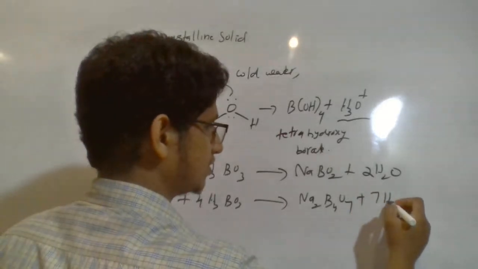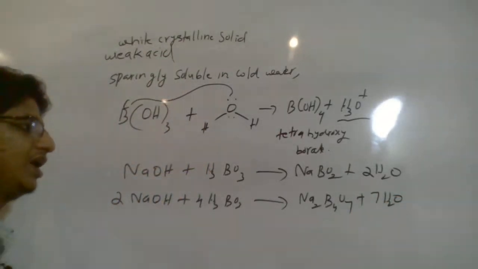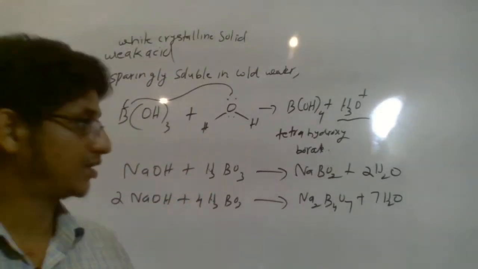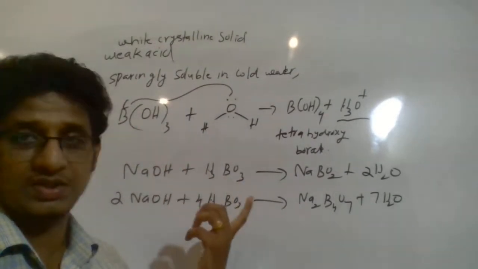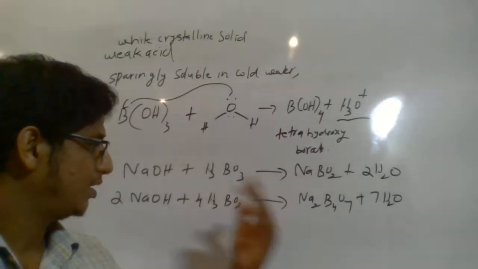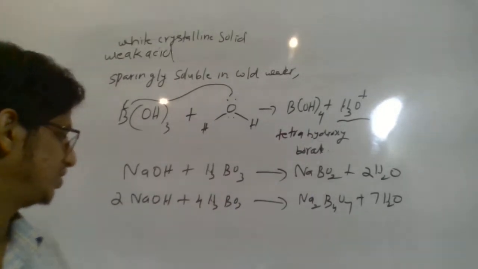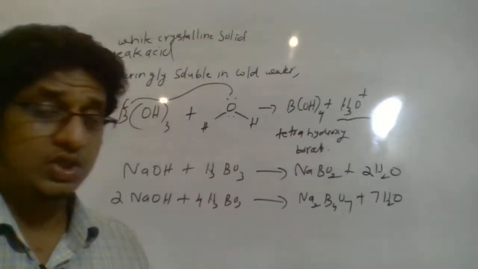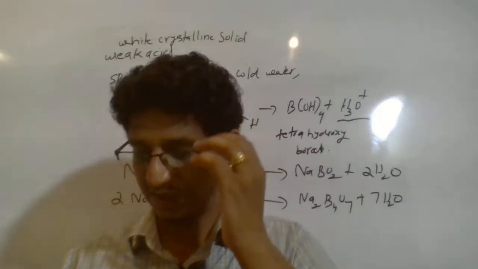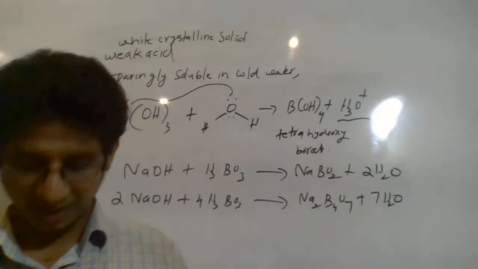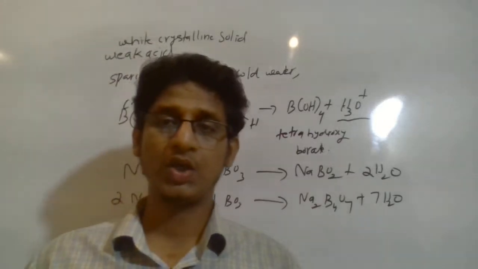You can see a salt is forming, but this time it's sodium tetraborate. When 1 mole of NaOH and 1 mole of orthoboric acid react, sodium metaborate will be formed. But with higher moles, 2 moles of NaOH and 4 moles of orthoboric acid will give you sodium tetraborate. So that is the acidic nature that you can see in orthoboric acid.